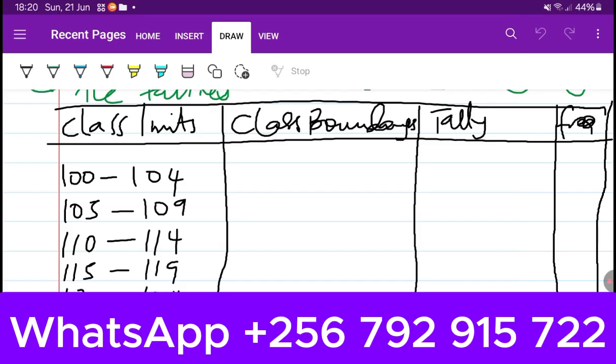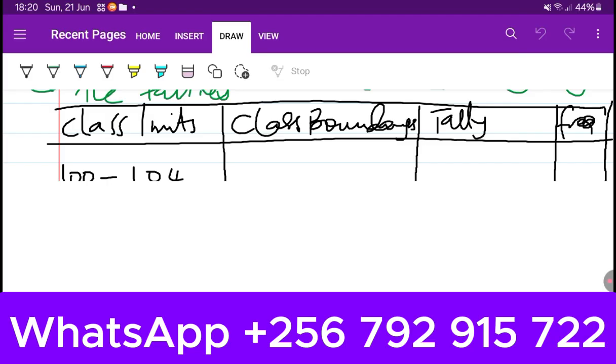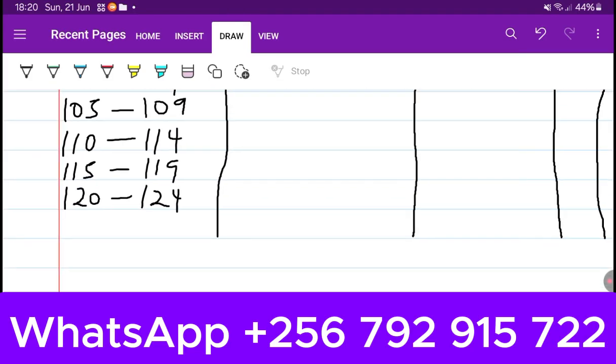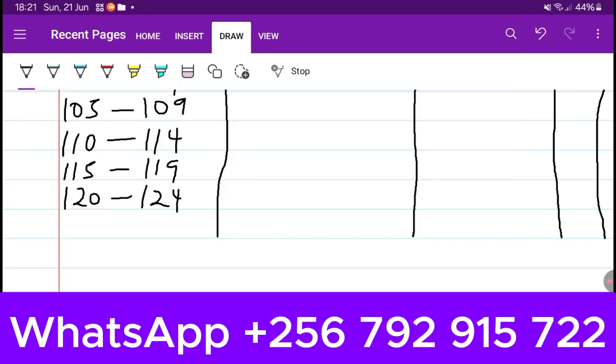One thing that we need to make sure is that we have 7 classes, because that's what the question told us to do. If you see you have more, just know you have made some errors somewhere. That's the way you verify whether what you went through is right. This is 125 to 129.